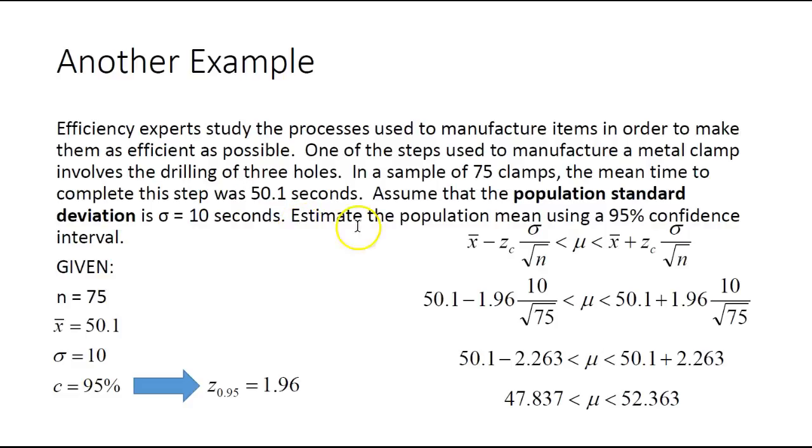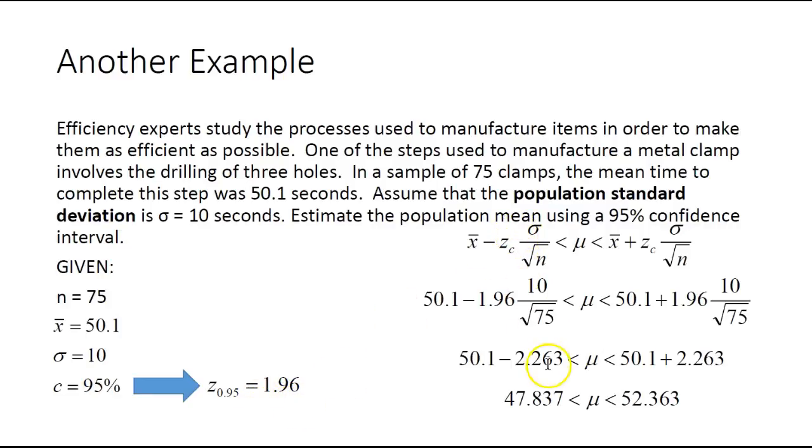Okay, so it says estimate the population mean using a 95% confidence interval. So once again, all the givens here, sample was of 75 clamps. The average of that sample was 50.1 seconds. The standard deviation for the population that was given is 10 seconds. The confidence level is 95%, which when we look that up to get a critical value in that table was 1.96.